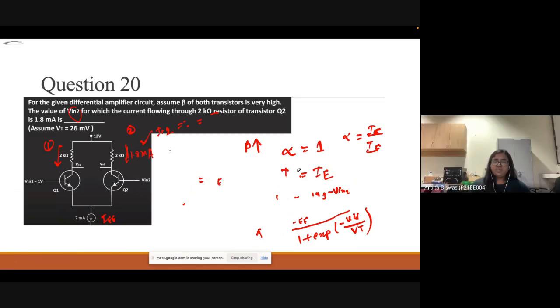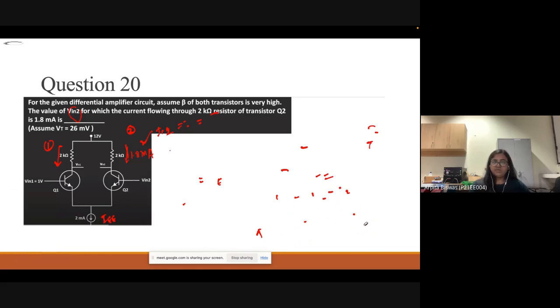And in the same way we are going to calculate the IC2 value. Then we will put down the values we know, and we will find the value of V input 2. Just give me some time.